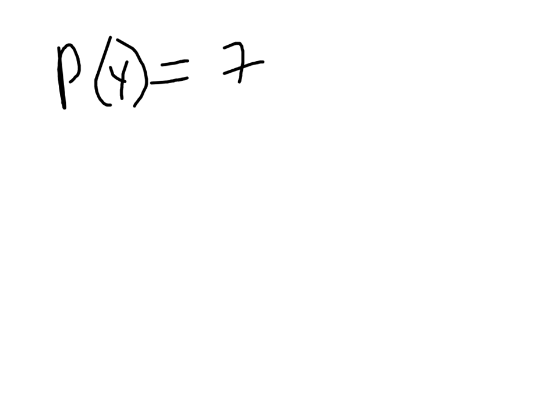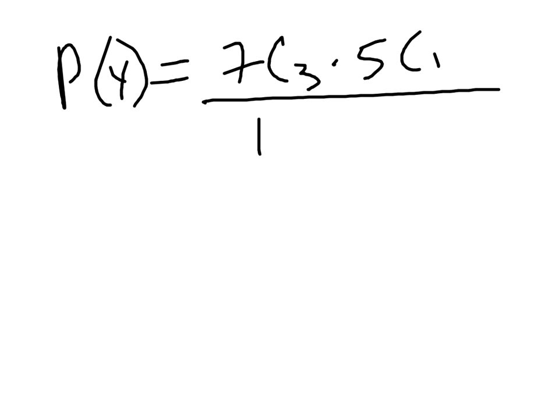For our answer to the question, for this individual probability of X, we had 7 combination 3 times 5 combination 1, and then in the denominator we had 12 combination 4.